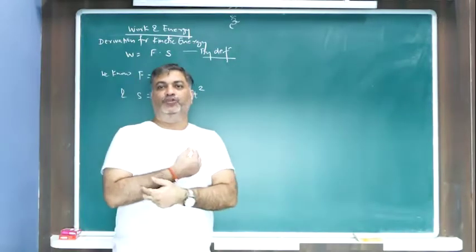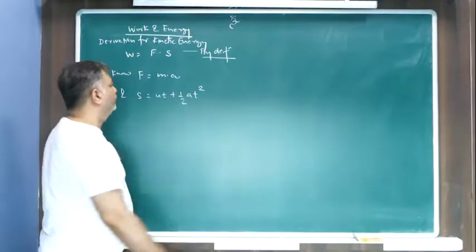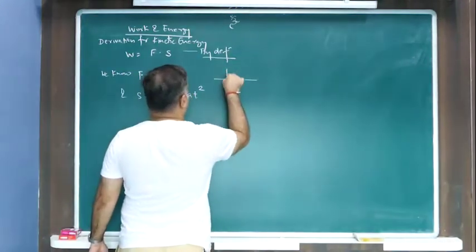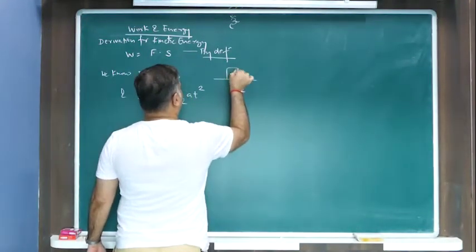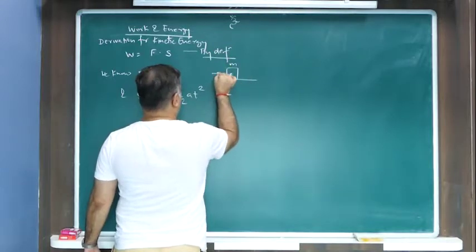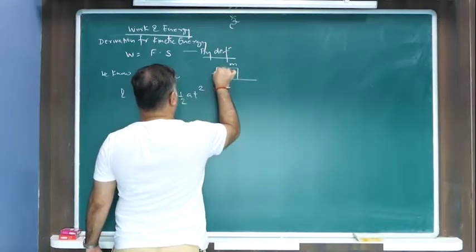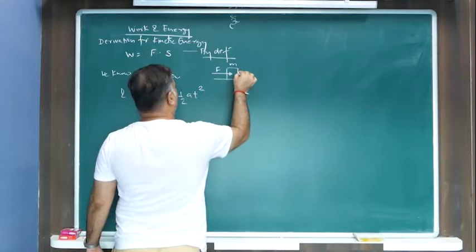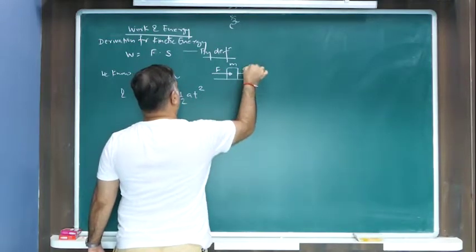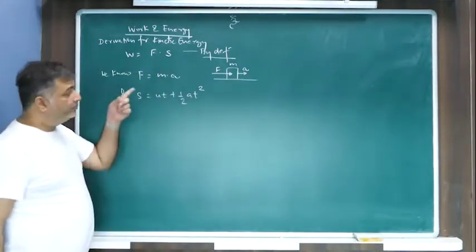Here there was a force F acting on the body. You can probably draw it and show. So here this is mass m, there is a force F applied on it, and that force causes an acceleration a on this mass.